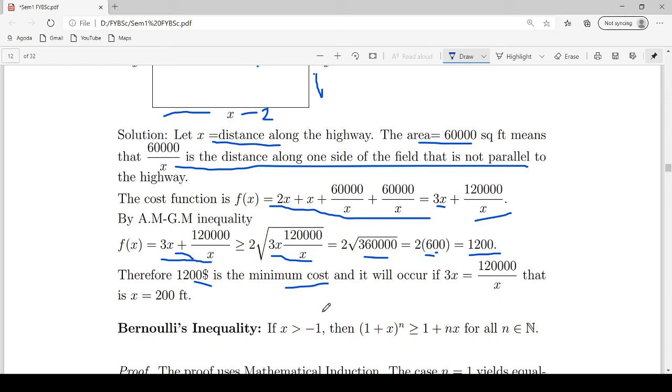So the minimum cost will occur if 3x is equal to 1,20,000 upon x, and then you can solve this equation to get x is equal to 200 feet. Therefore, the minimum cost which a farmer has to bear is $1,200 and it will occur if your x is equal to 200 feet. That means your distance along the highway is equal to 200 feet.